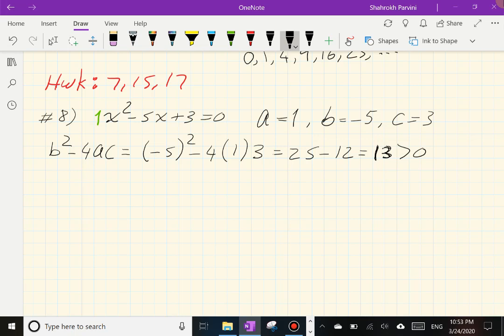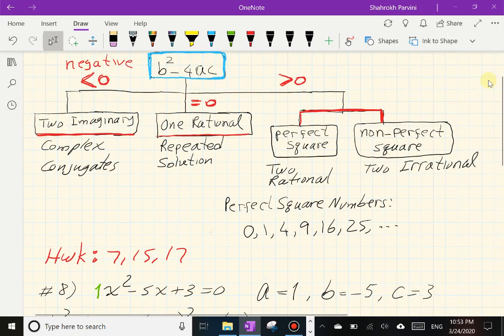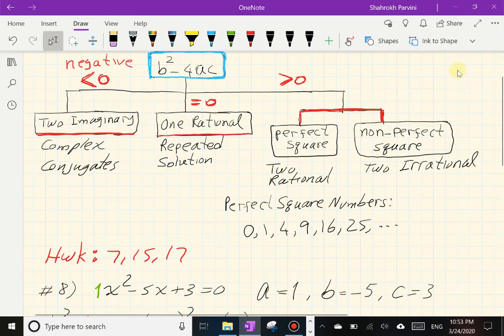Now this is a positive number, so if we go back up, remember 13 would be a non-perfect square, right? Because 13 is not in this list. This is the list of perfect squares right in here.